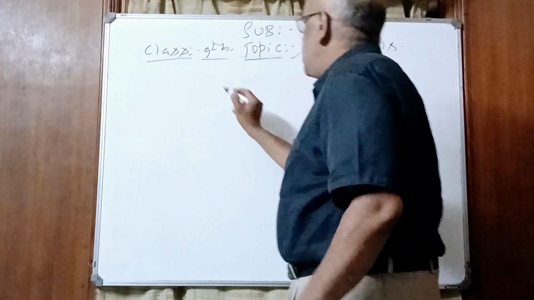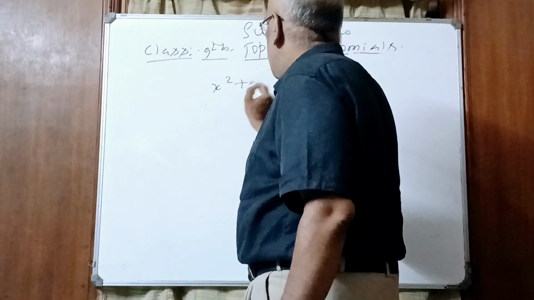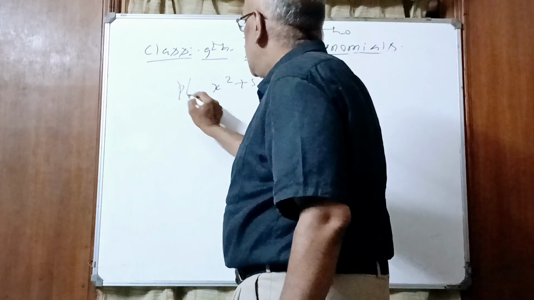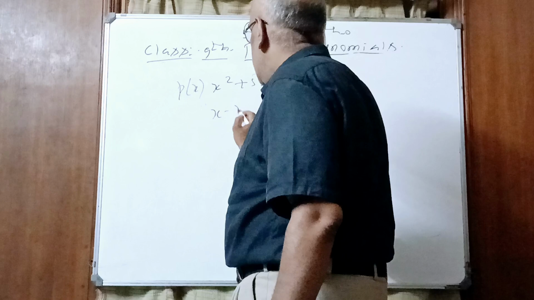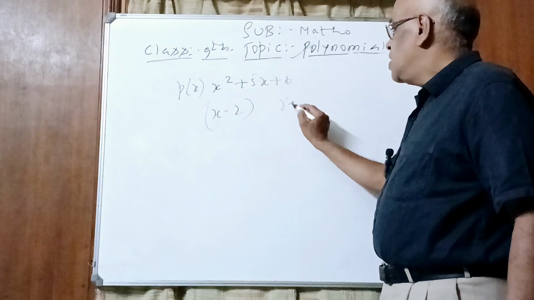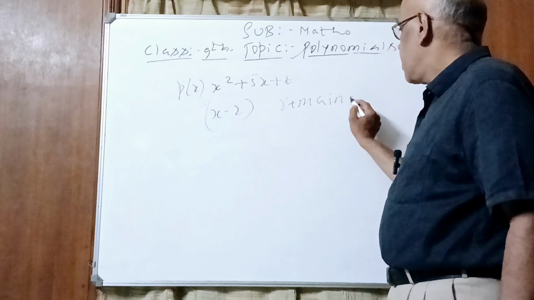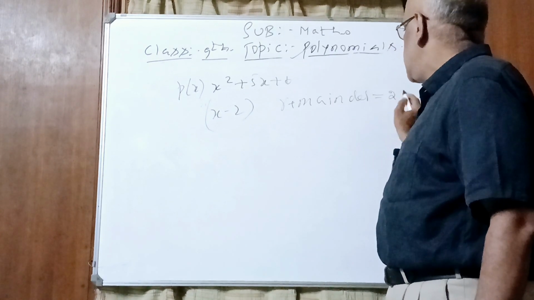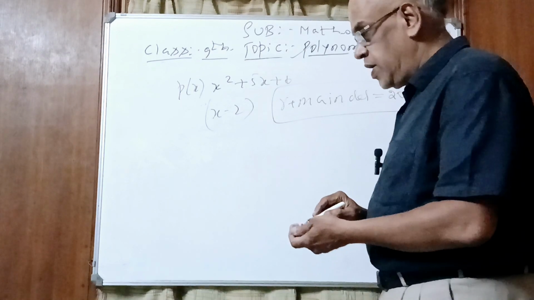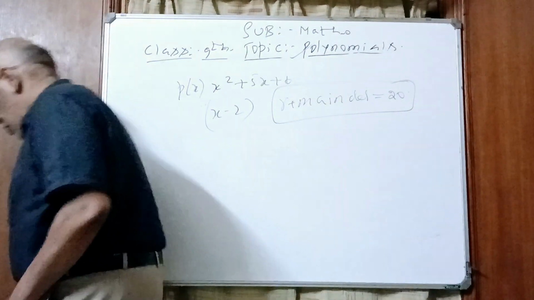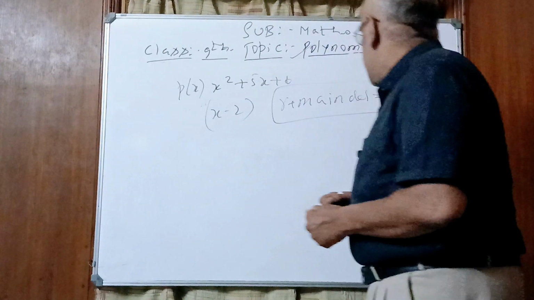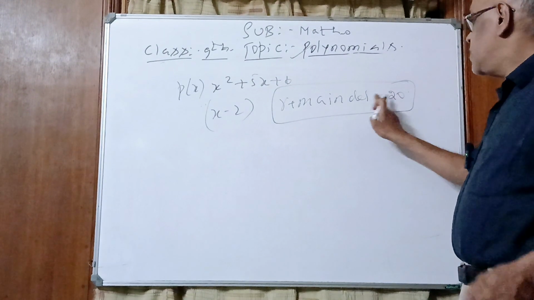When the polynomial x square plus 5x plus 6 is divided by what, children? It is divided by x minus 2. What was our remainder? Our remainder was 20.